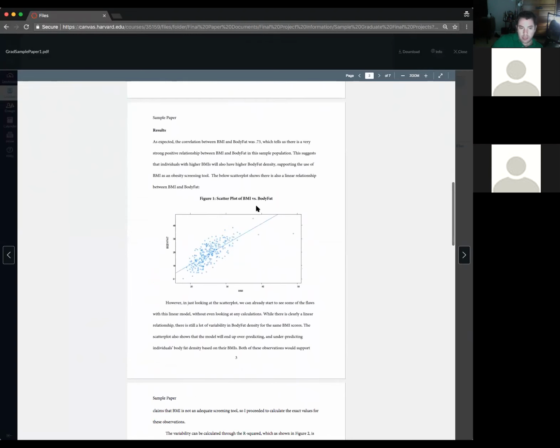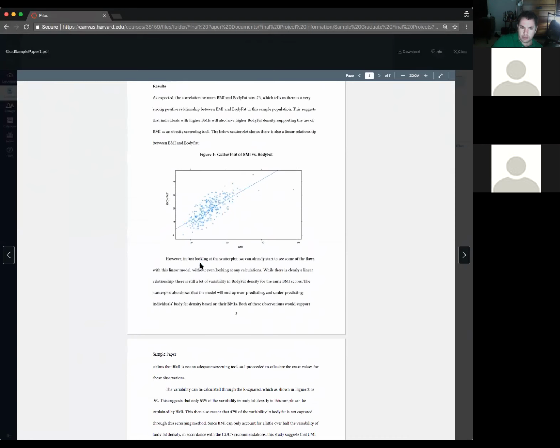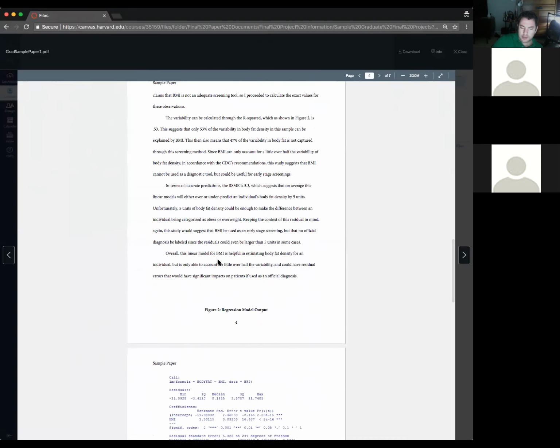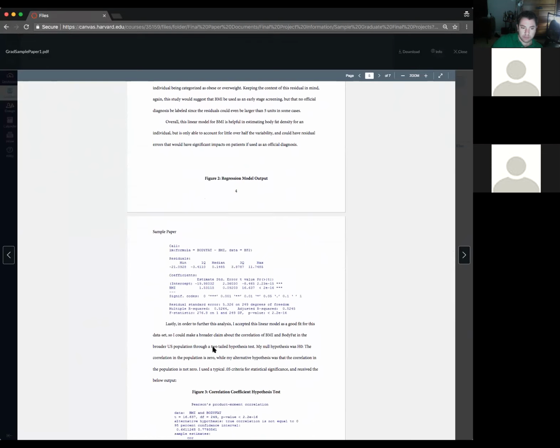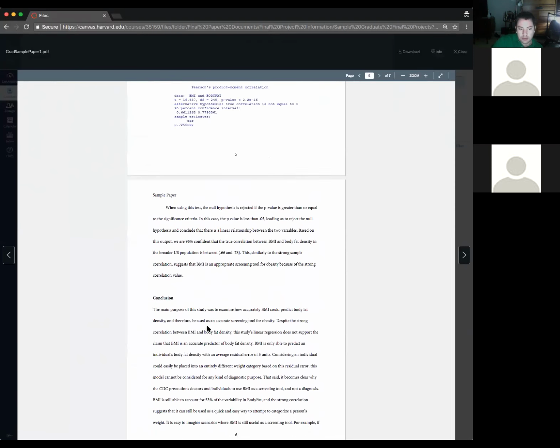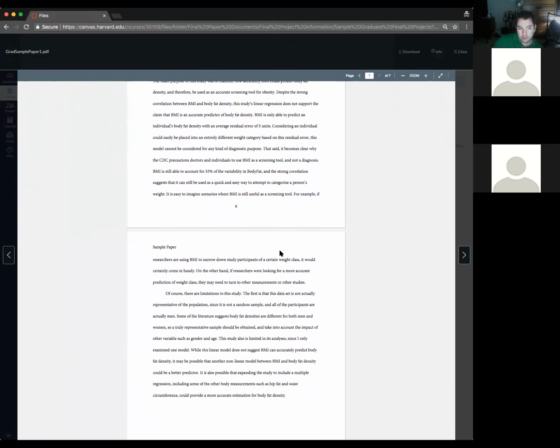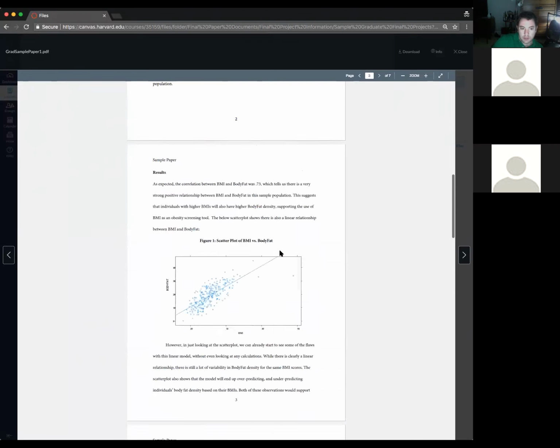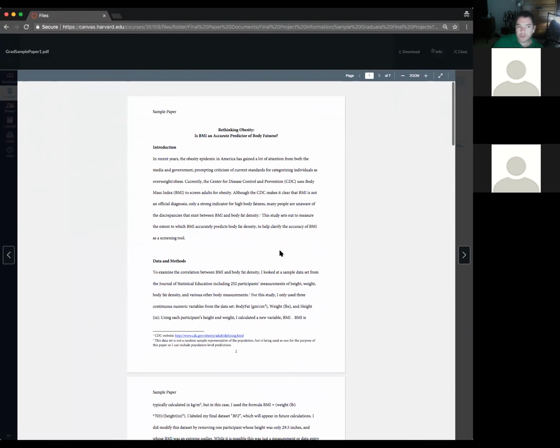The student took a look at a regression model between BMI and body fat, plotted a linear regression model on a scatter plot with those 2 variables, talked about the regression model output, and then ran a correlation coefficient hypothesis test to see if BMI was a good predictor for body fat, and finally made a conclusion based on those results. So as you can see, it's fairly straightforward.